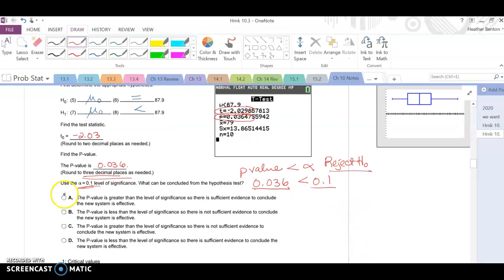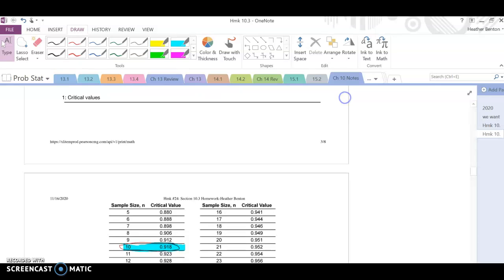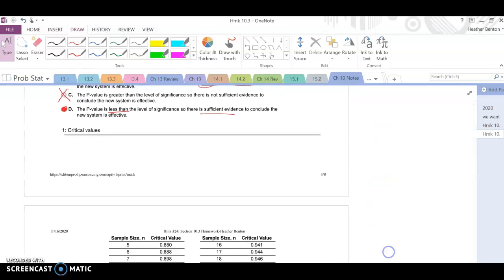So not this one, the p-value is not greater than, so it's less than. Let's see the difference here. So not sufficient, and this one is sufficient. So our answer is D. Remember, if you do not reject H naught, then you should have the word not in your answer. All right, so our answer is D, and I think that's the end of this problem.